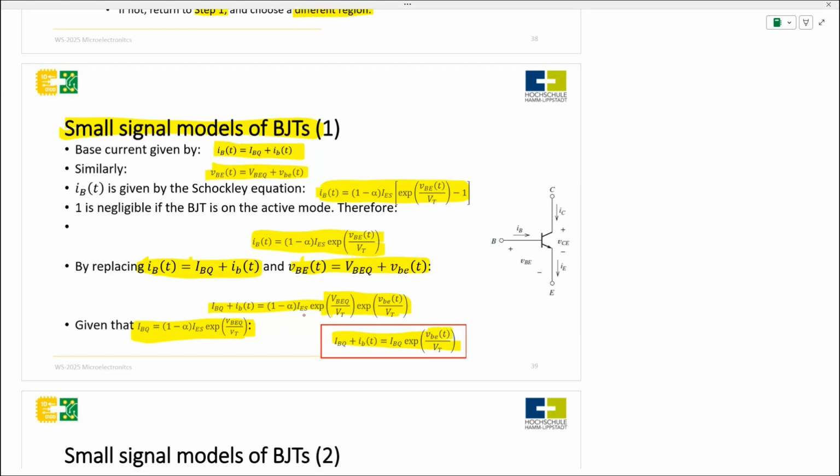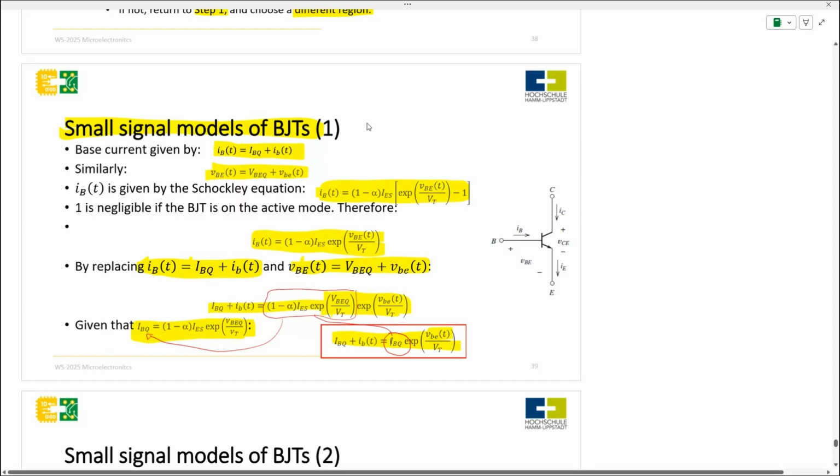This part here, which is 1 minus alpha IES exponential, is simply IBQ. That's why it is here. So this is your final equation, or at least what you are looking for.